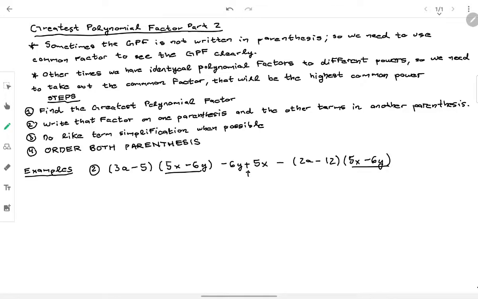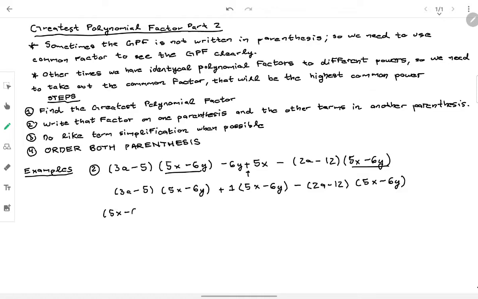So I can write it like 3a minus 5 that multiplies 5x minus 6y, plus 1 that multiplies 5x minus 6y, minus 2a minus 12 that multiplies 5x minus 6y. So in this case, I have now the greatest polynomial factor clearly. So I put the greatest polynomial factor in one parenthesis. On the second parenthesis, we will put the other terms.